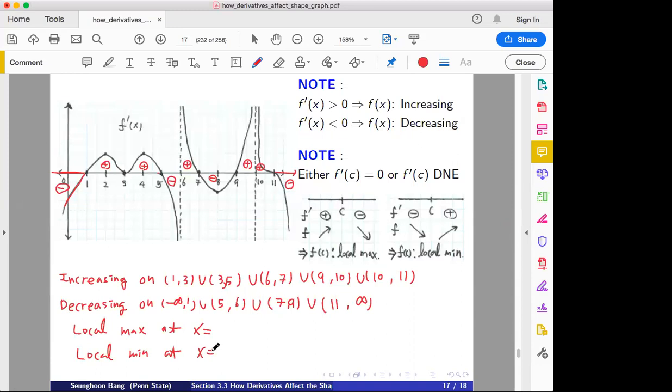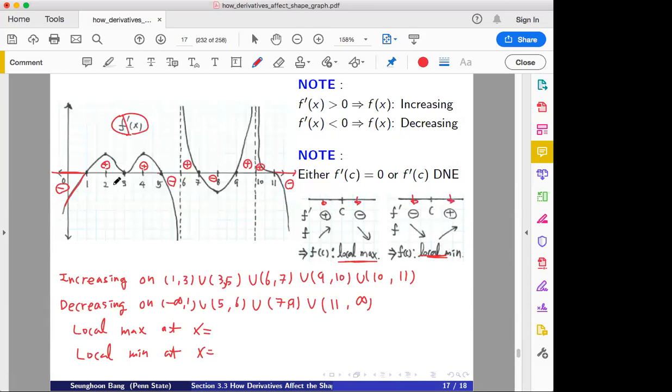Be really careful. This is not f of x. This is f prime of x, not f of x, f prime of x. When do you have the local minimum, local maximum? Local maximum is when the sign changes from positive to negative. The local minimum, the sign changes from negative to positive.